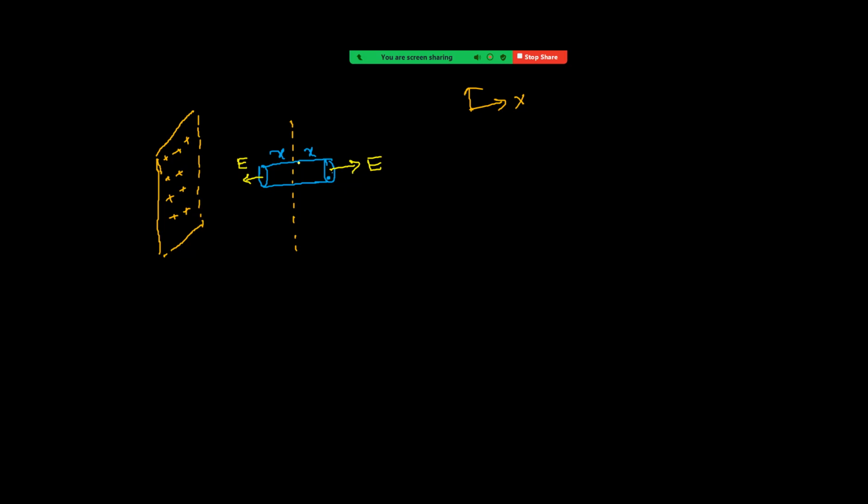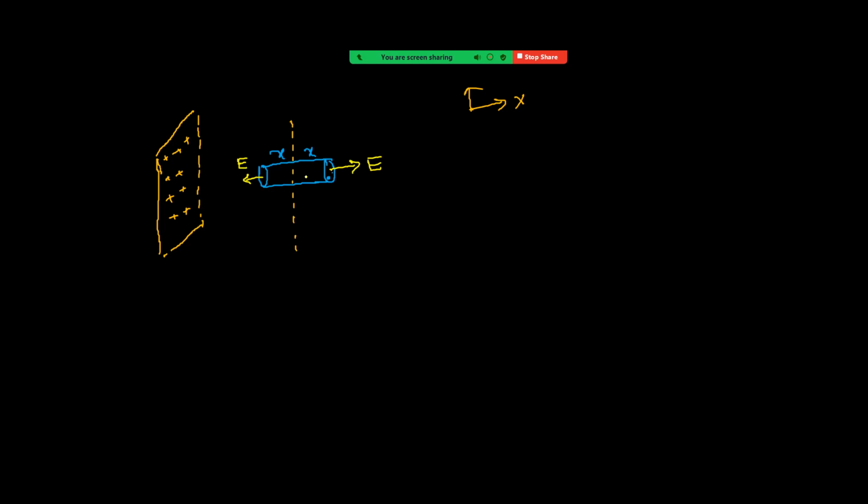That means field lines are parallel to the length of the cylinder, so no field lines are passing through the curved surface.